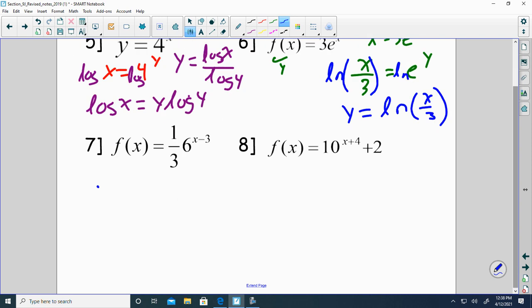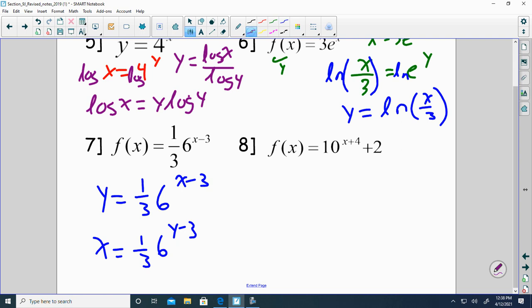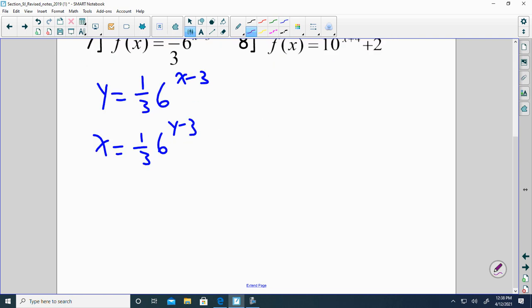Let's see. I get y equals 1/3 times 6 to the x minus 3. X equals 1/3 times 6 to the y minus 3. So I'm just interchanging x and y. Solve for y. Multiply both sides by 3. So we have to figure out how to bring the exponent down. We can either do natural log or log. It doesn't matter.